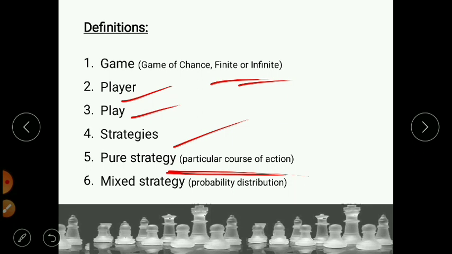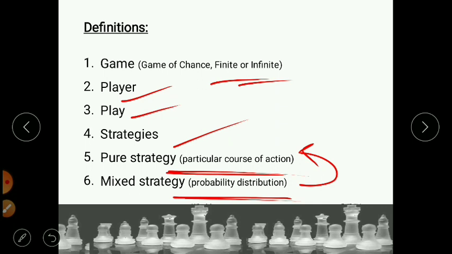Fine. Now, mixed strategy. Mixed strategy, again, is a decision in advance of all plays. But the only thing is here, the decision is a probability distribution. It is not as pure as it was in the pure strategy scenario.